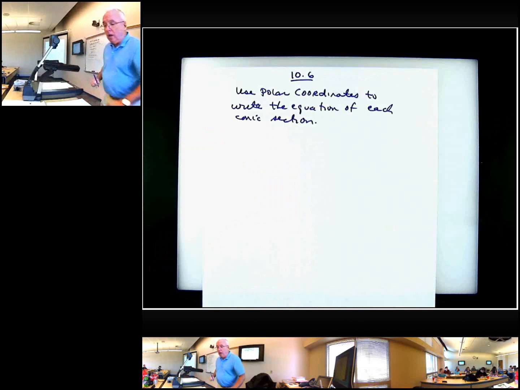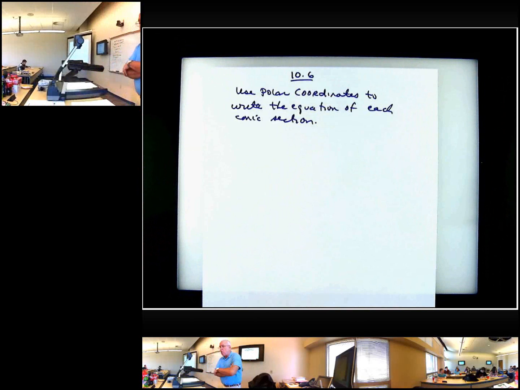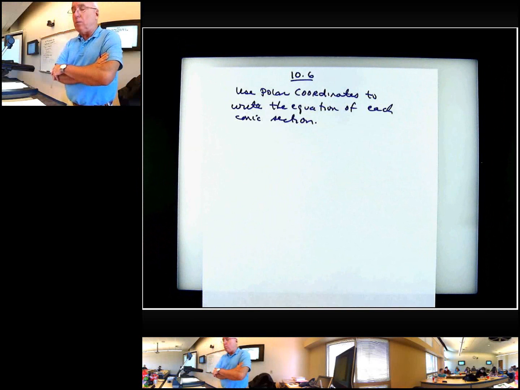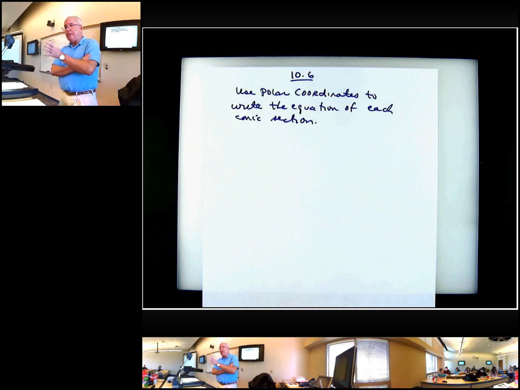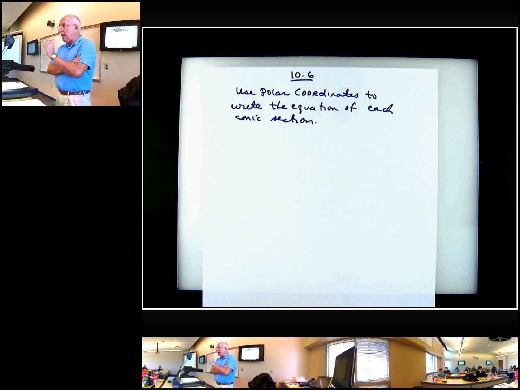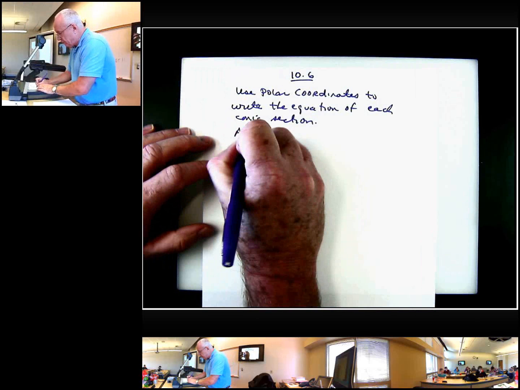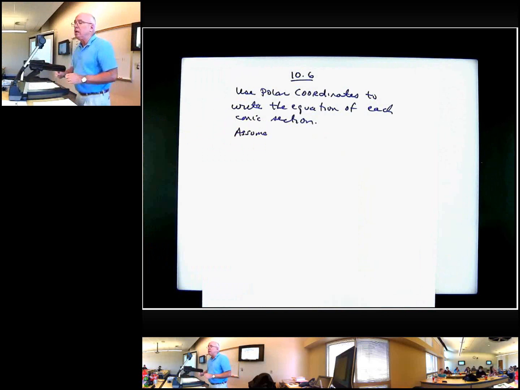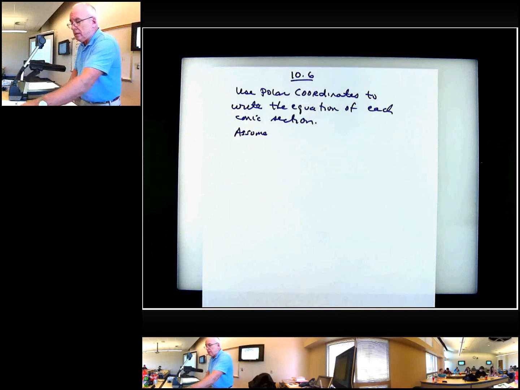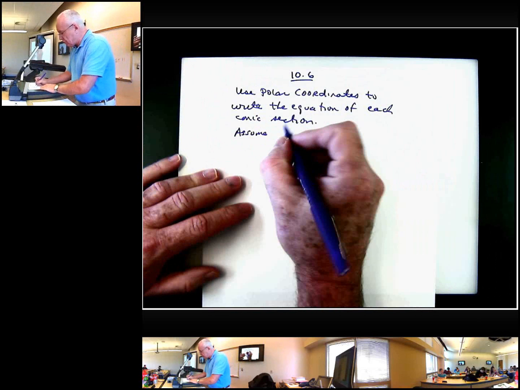Now, with doing this, there are two things that we use. We have to have a focus, and we assume the focus is at the origin, 0, 0, because this makes the expression algebraically much simpler.